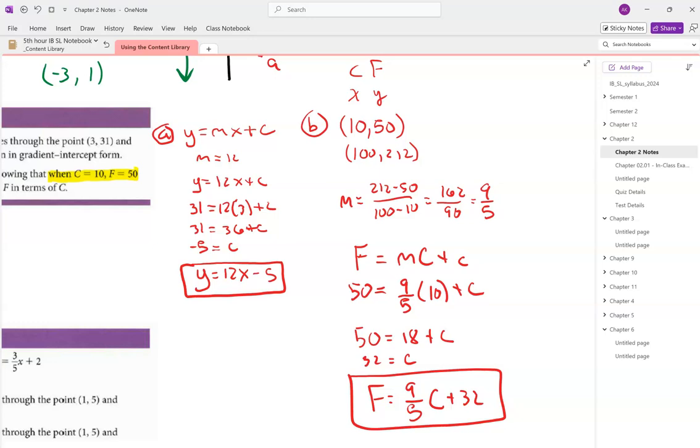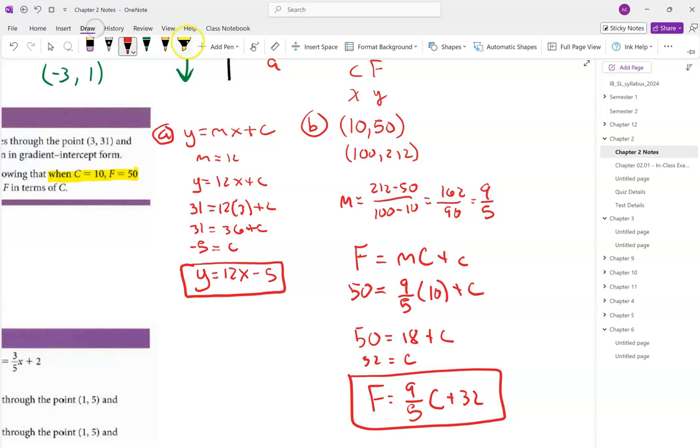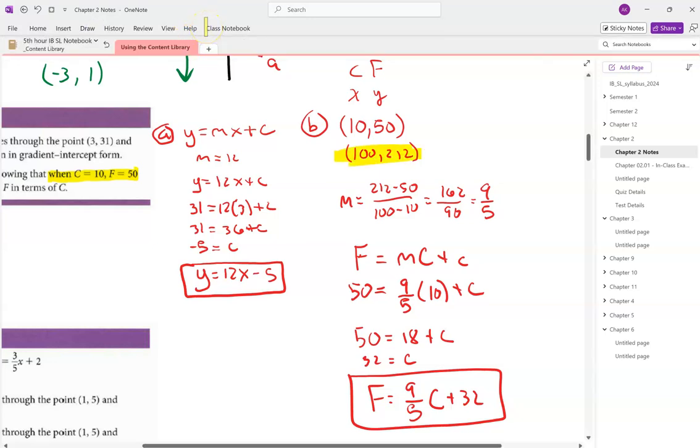Who knew the answer when they saw what the points were? No. Look at the numbers on the points. Does that look familiar? 100 and 212.